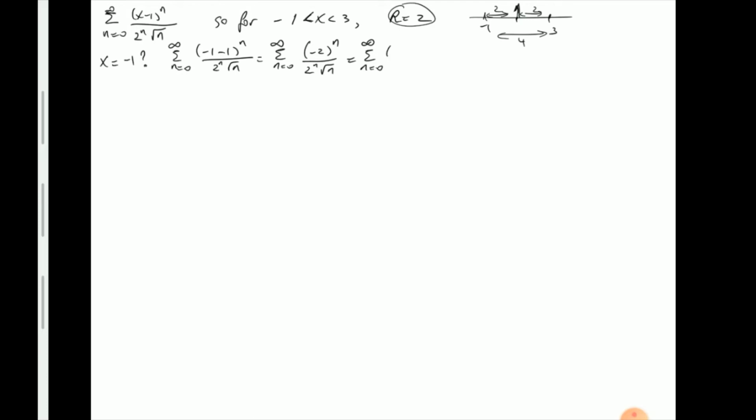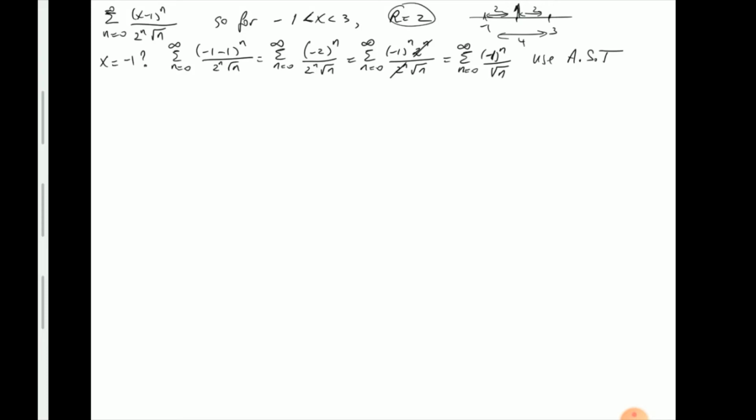I can pull minus 1 to the n out, and 2 to the n cancels. By the way, you know already the ratio test doesn't work, so don't even try. And if it's an alternating series, the only tool at our disposal is to check convergence using the alternating series test.